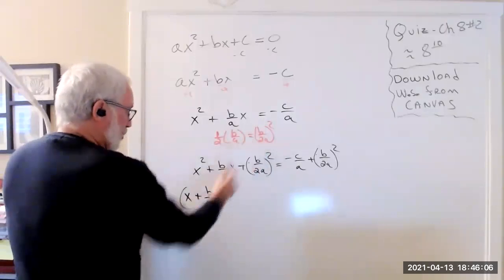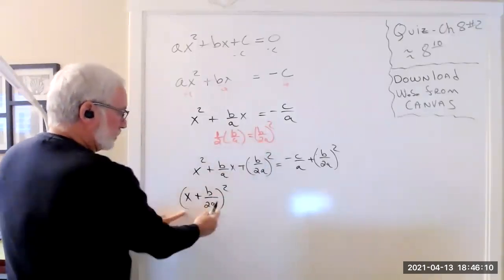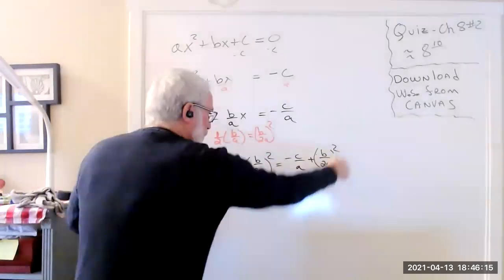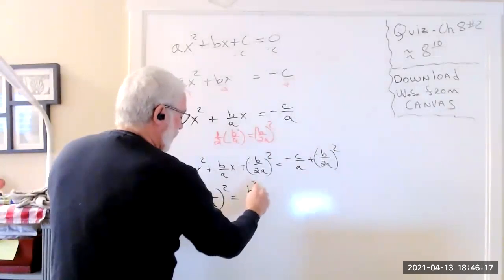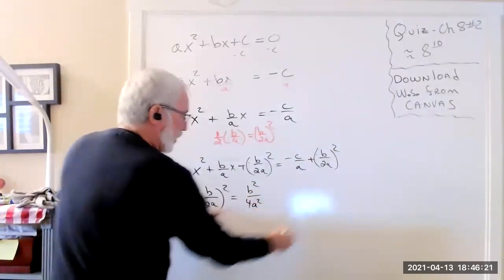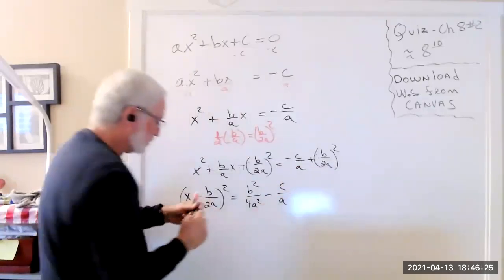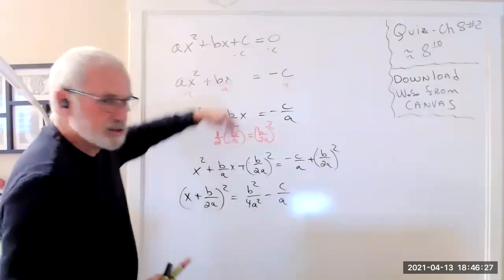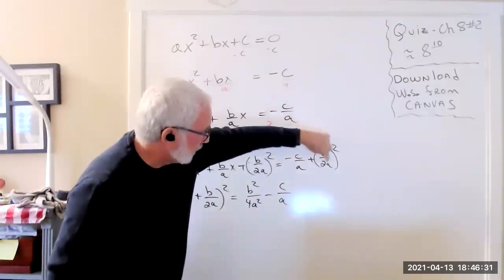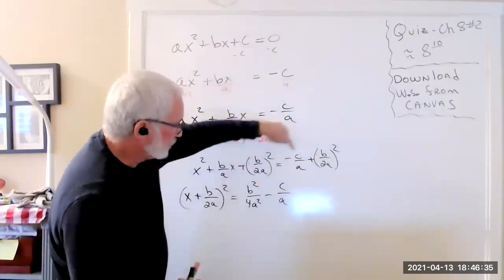It'll always be that thing before you squared it. Equals, now I'm going to switch this around, b squared over 4a squared minus c over a. So I took the right side and squared this, so that was b squared over 4a squared, but I put it in front, minus c over a.